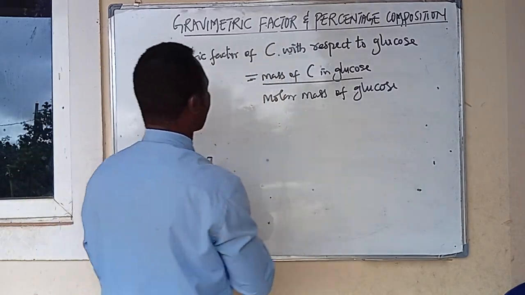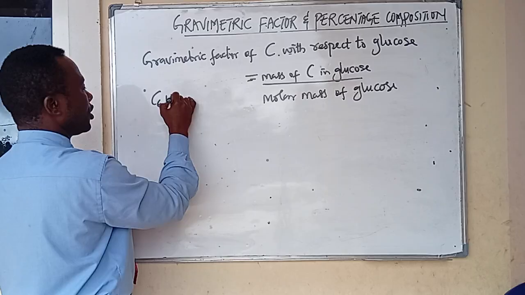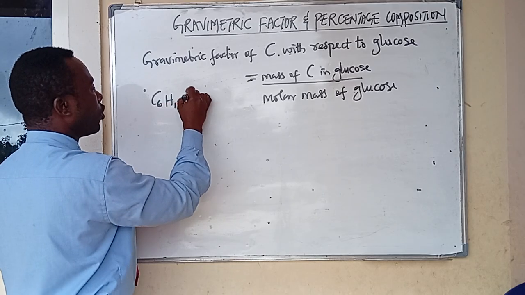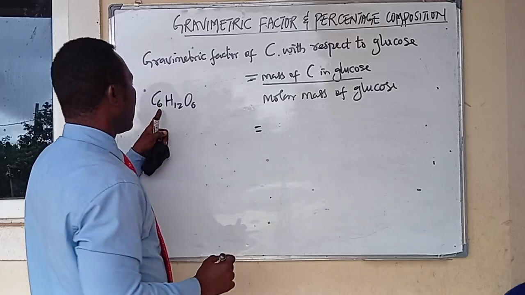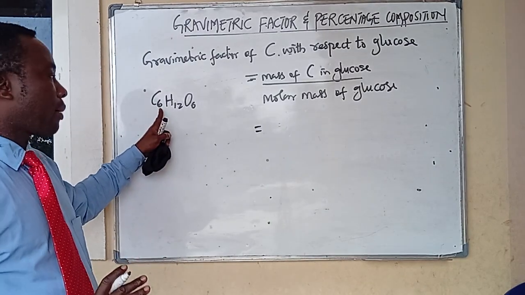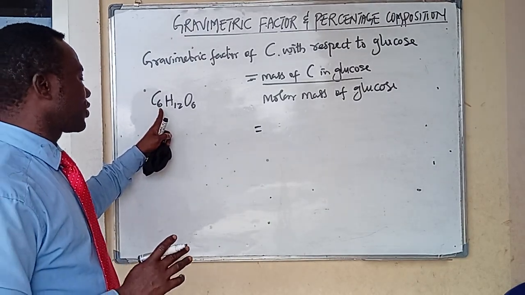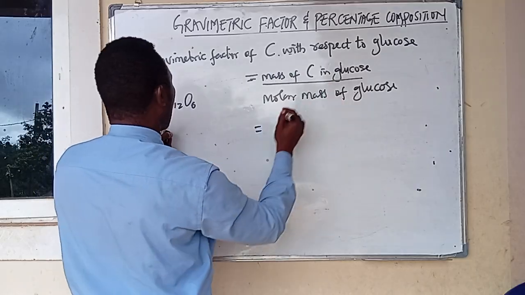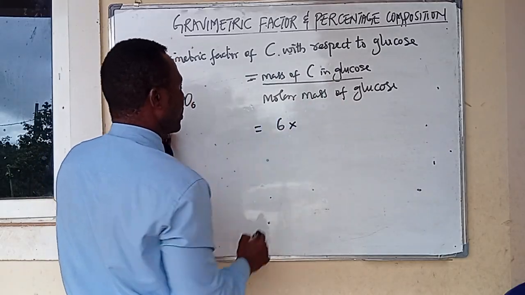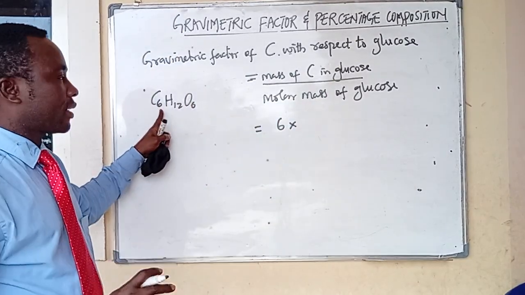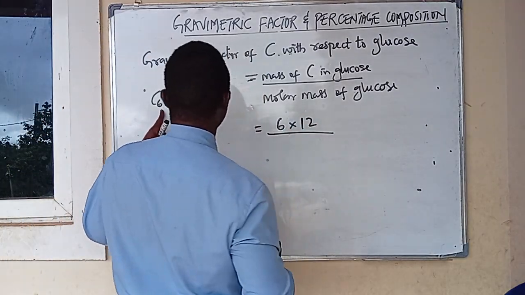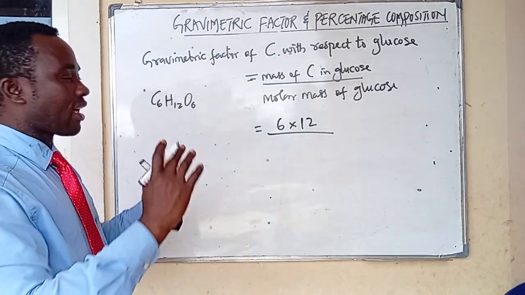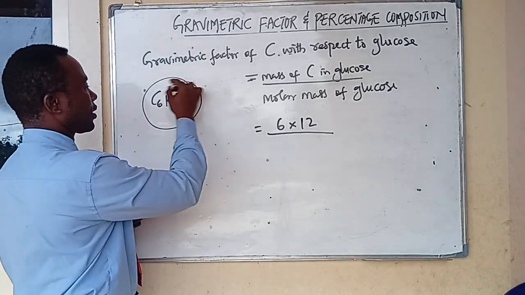Now, if you look at glucose, which is C6H12O6, you agree with me that there are 6 moles of atoms of carbon here. So that means the mass of carbon will be 6 times the molar mass of carbon. Molar mass of carbon is 12, divided by the entire molar mass of this compound.